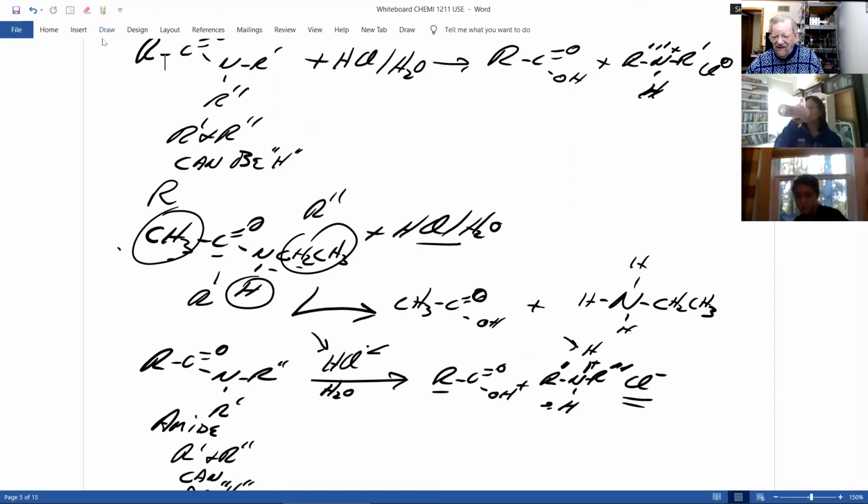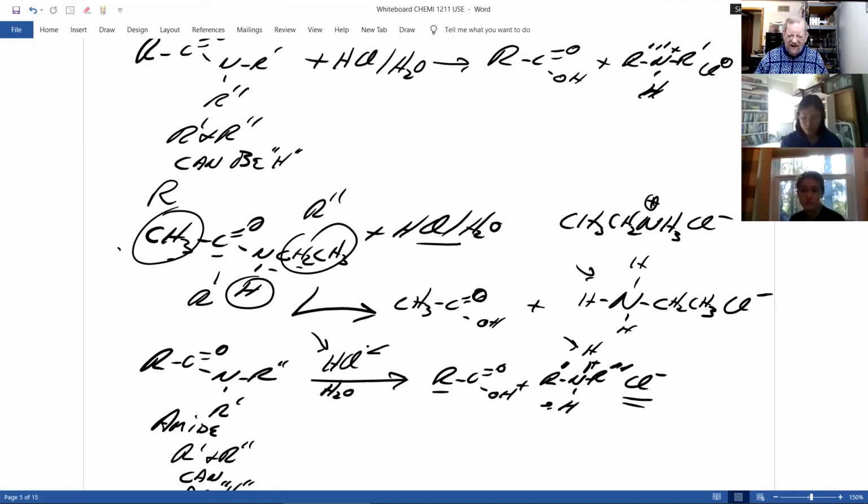And I'll have, let me move us over here, my chloride anion. Now this you could have written like this. Notice that nitrogen has 3 hydrogens. And either one would be correct.